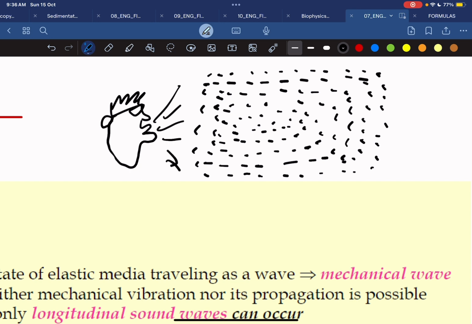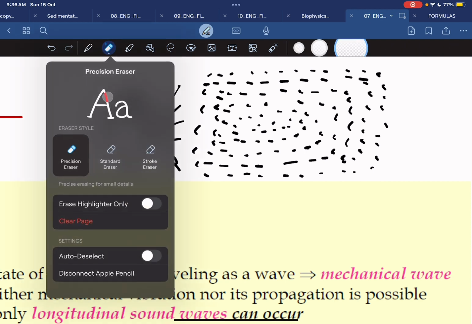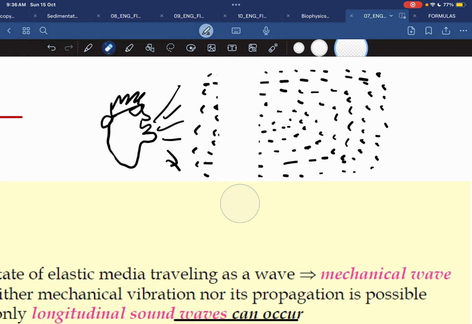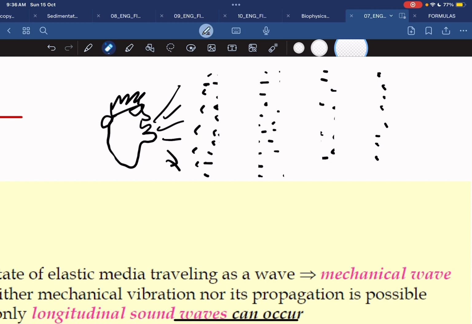So what happens to the sound particles is they bunch up and spread out in certain places. So it's going to look something like, okay, let me just draw it more clearly. They're going to bunch up here, spread out here maybe.